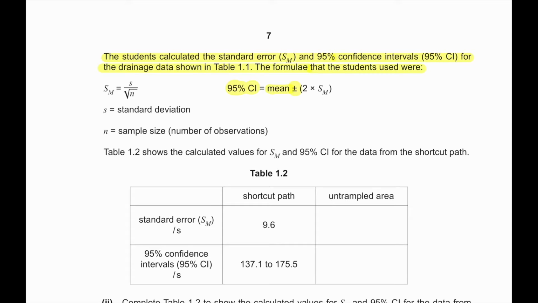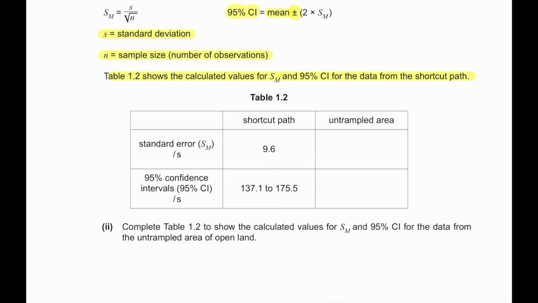S stands for standard deviation, N is the sample size, the number of observations, and table 1.2 shows the calculated values of SM and 95% confidence interval for the data from the shortcut path. We can see the standard error SM is 9.6, and the 95% confidence interval is 137.1 to 175.5.